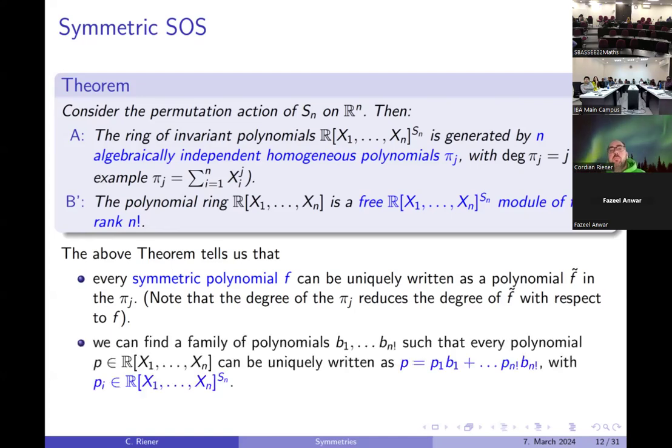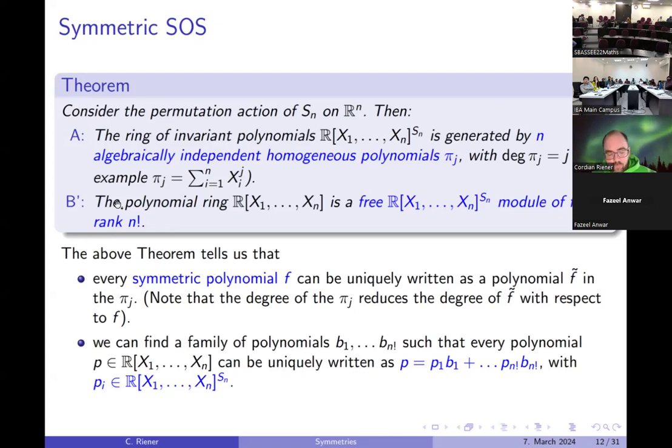And fact B is telling us that for every polynomial we have a unique representation. I had already mentioned that the rank of this module is n factorial, the size of the group. We can find a family of polynomials, b1 to bn factorial, such that every polynomial, not necessarily symmetric, can be uniquely written in this form.